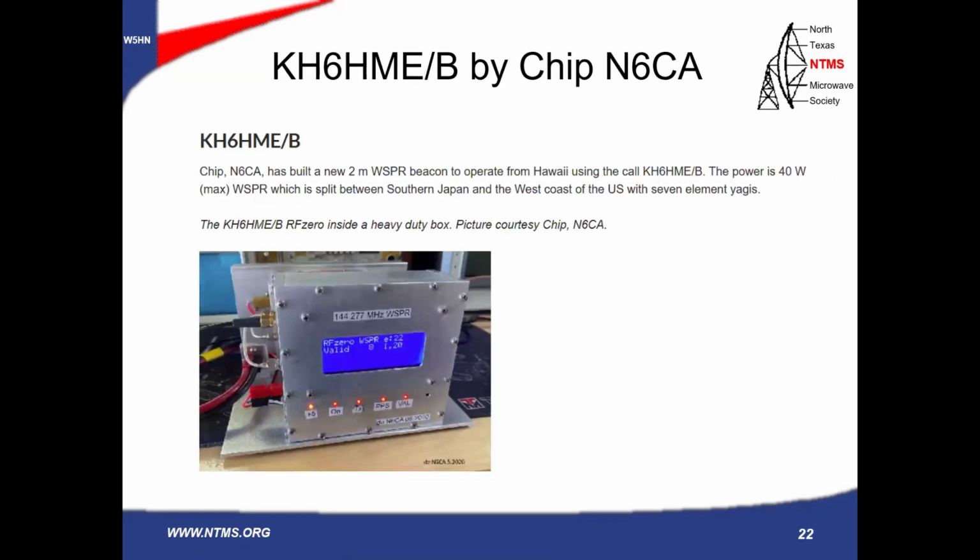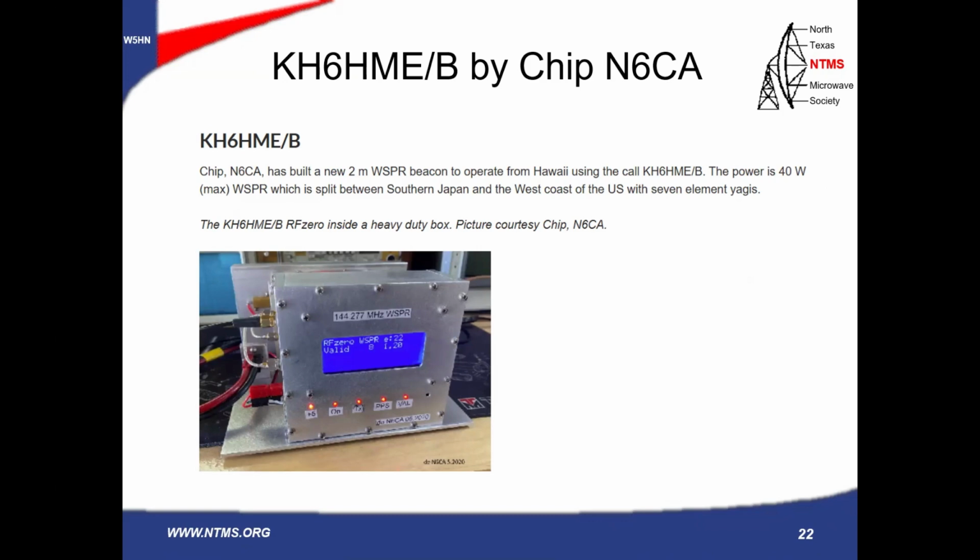Here is one from Chip. Chip, are you here? I'm not hearing Chip respond, but Chip, November 6th, Charlie Alpha, has a 2-meter whisper beacon that operates from Hawaii using the call KH6HMEB.